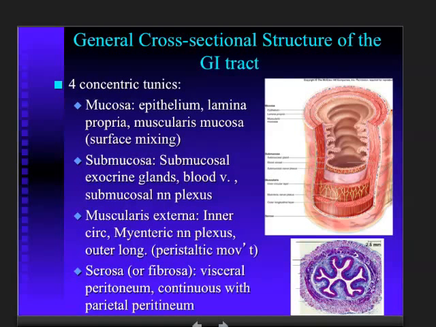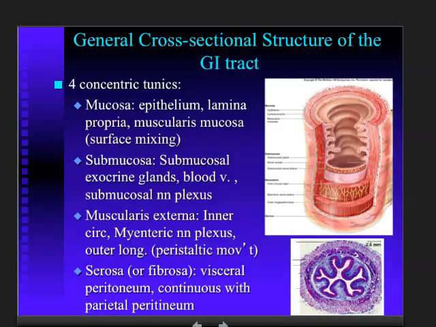And then here it's serous membrane or visceral peritoneum, and here it's parietal peritoneum. It's all serous membrane. It's all exactly the same stuff. It's just based on its location, except when you don't have serous membrane. Like in the esophagus, you don't have a serosa.